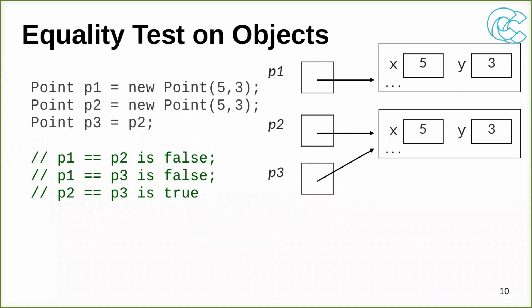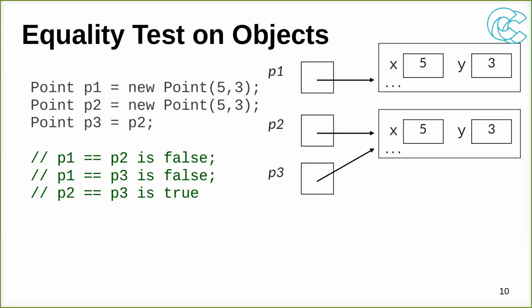The double equals sign compares the references. Since P1 and P2 refer to two different locations, their equality will be false. Now if we talk about P3, it points to the same memory location as P2. So P2 equals P3 is true, because they refer to the same location. Right, yeah, that's right.